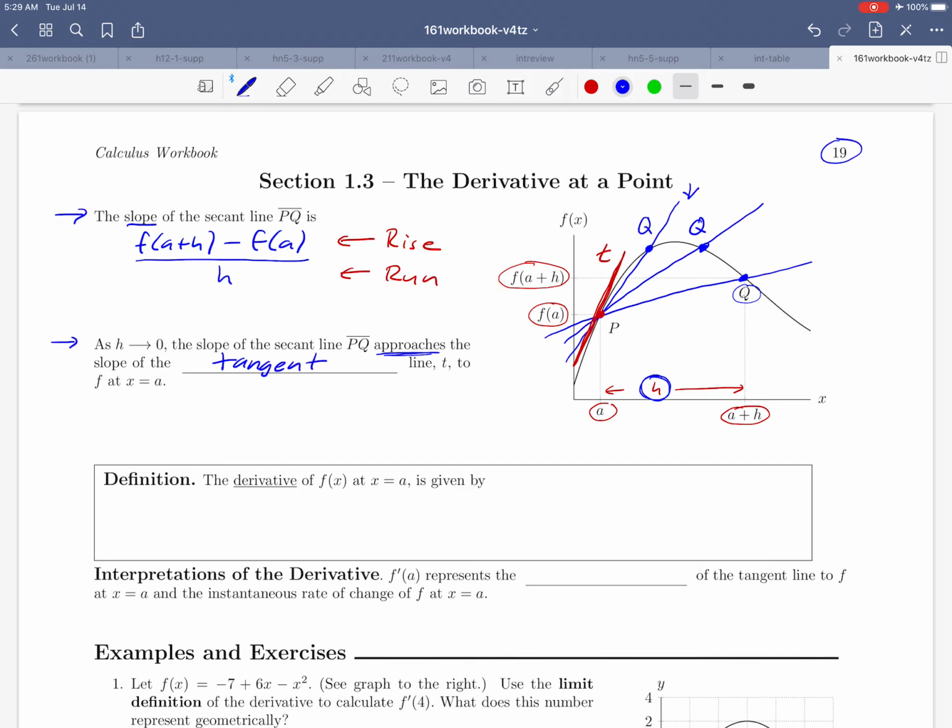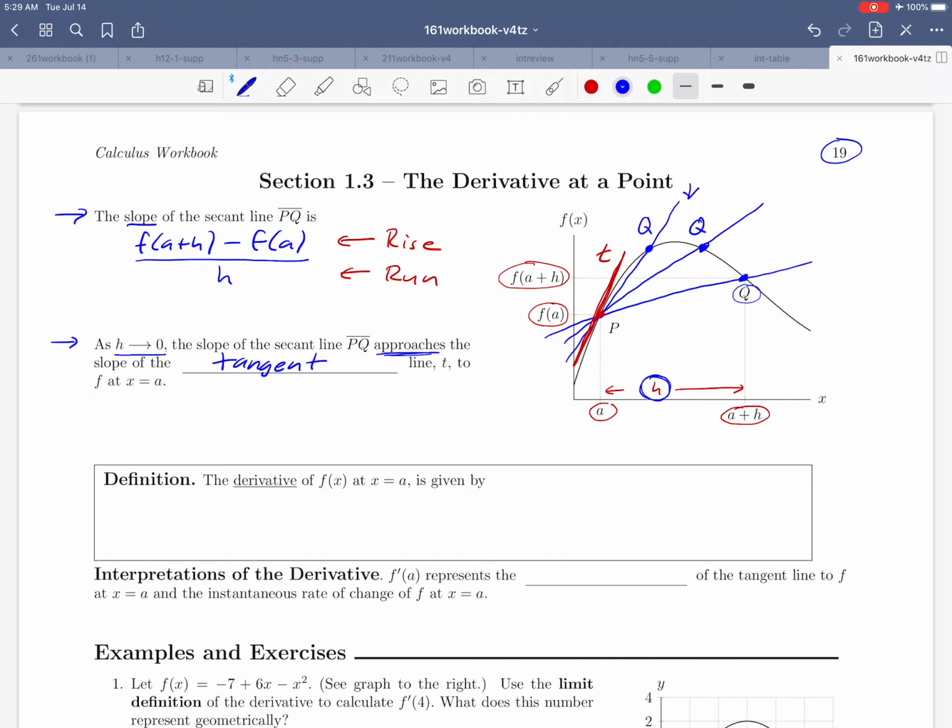And you might recognize this process as something that we talked about in the last section. We're really taking a limit when we let h approach 0. Okay, so to put it all together then, the limit as h goes to 0 of the secant line slope is the tangent line slope.